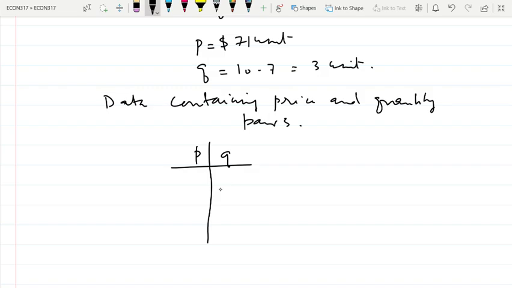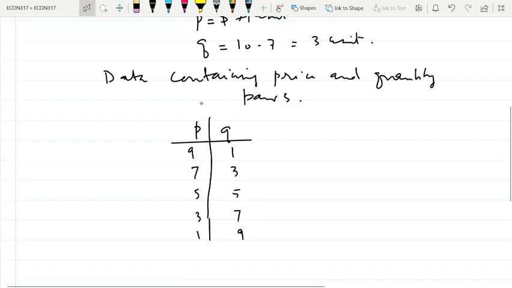So suppose we know that when price is $9, quantity bought is 1 unit, price is $7, quantity bought is 3 units, 5 and 5, 3, 7, 1 and 9. Suppose we are given this data. So obviously price is in dollars per unit, that's the unit, and then quantity is in units.